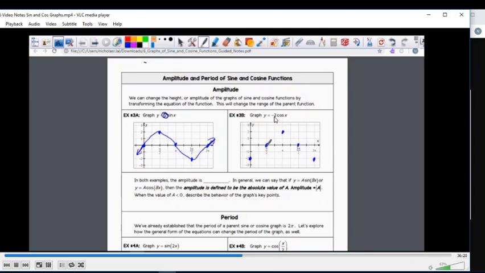Now that negative sign is going to have a reflection across the x-axis, but the actual value of the amplitude is still going to increase by a factor of 2 as far as how much we have. You can actually think of this as a vertical stretch.